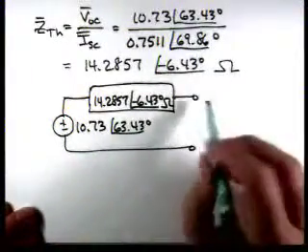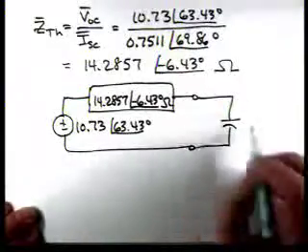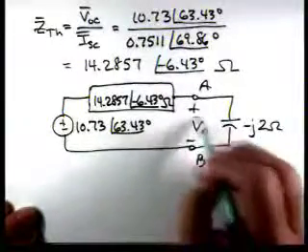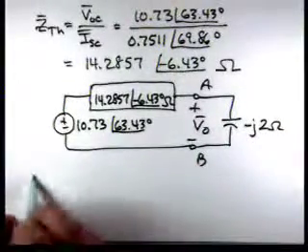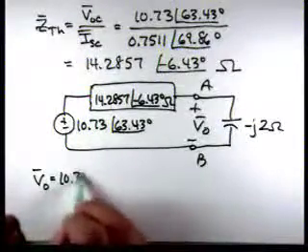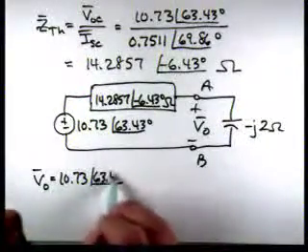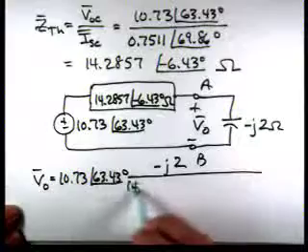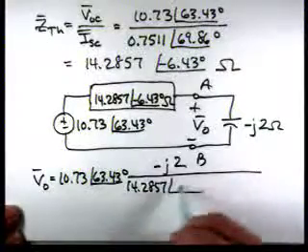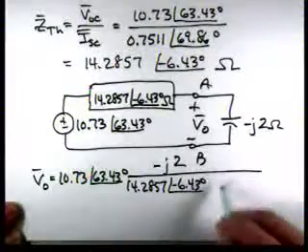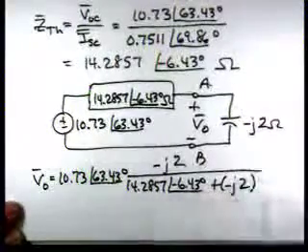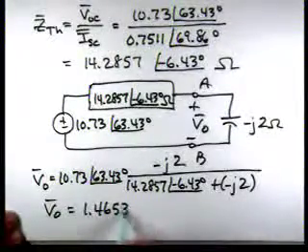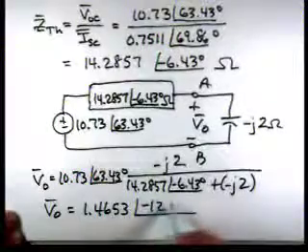Now we can go in and hook our minus J2 back up and calculate V0, and we can calculate it very easily using voltage division. And V0 then becomes 1.4653 at an angle of minus 12.34 degrees.